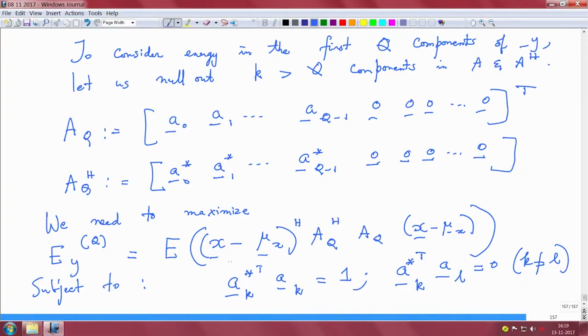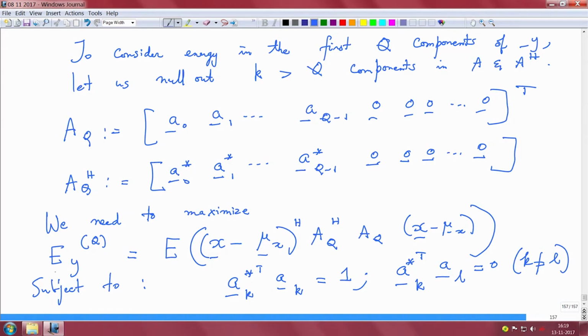Since I am nulling out components k greater than q, I retain the first q components, and therefore this is the energy in the first q components, and I want to figure out some transformation that can maximize the energy in the first q components.